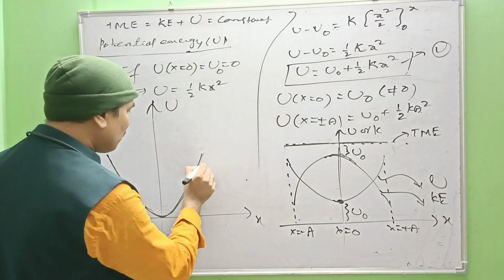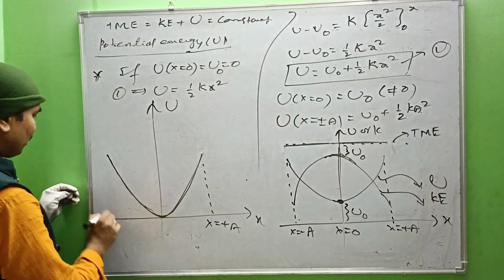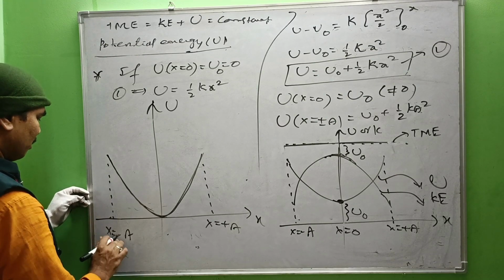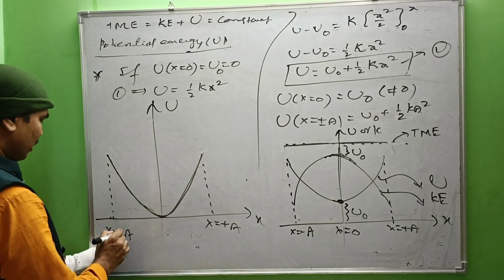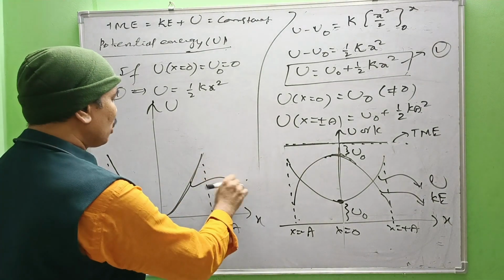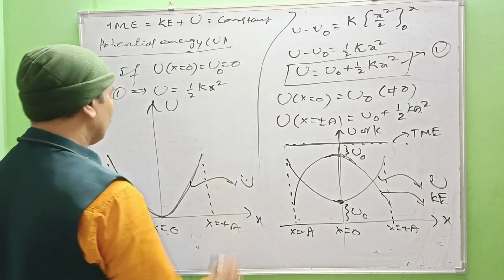This is x equal to plus a, this is x equal to minus a, and this is x equal to 0. So this curve corresponds to potential energy.